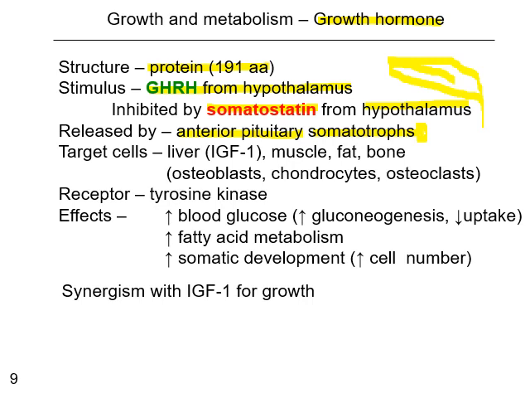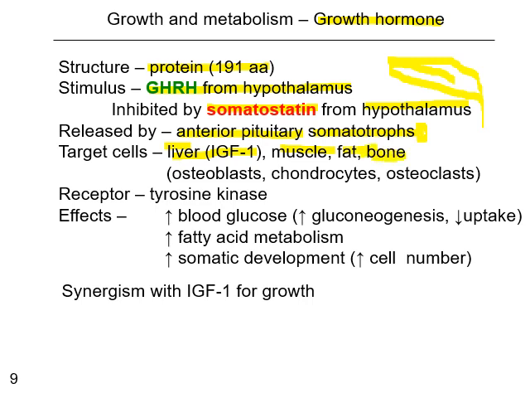GHRH and somatostatin are antagonistic control systems to control the level of growth hormone, and the combination then finds a balance for normal growth hormone production. The target cells for growth hormone are many: the liver, we'll talk about IGF-1 in a minute, the liver, muscle, fat, and bone.